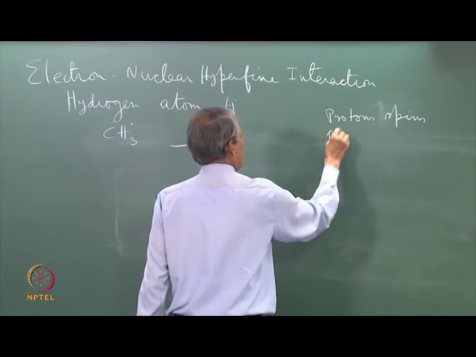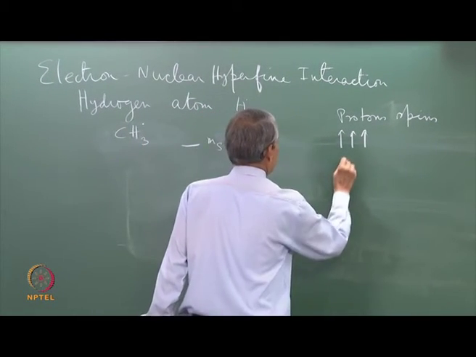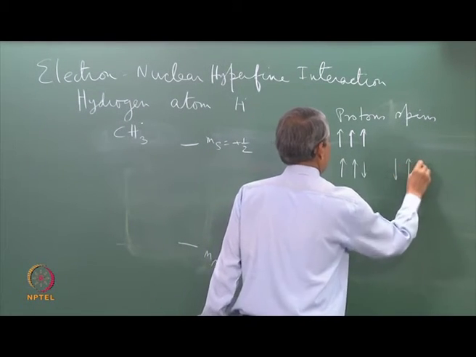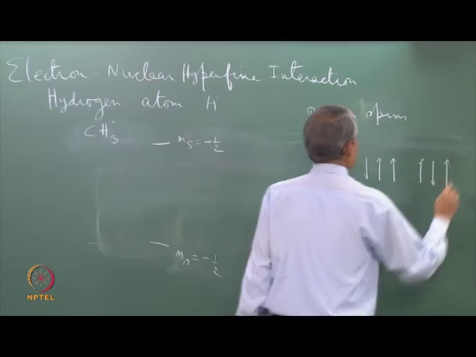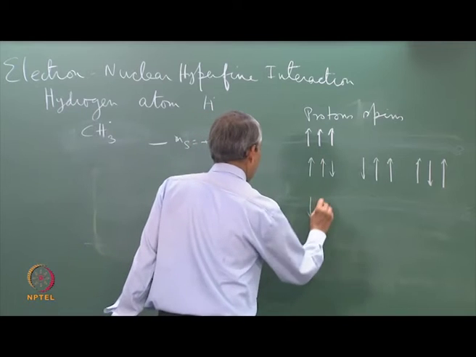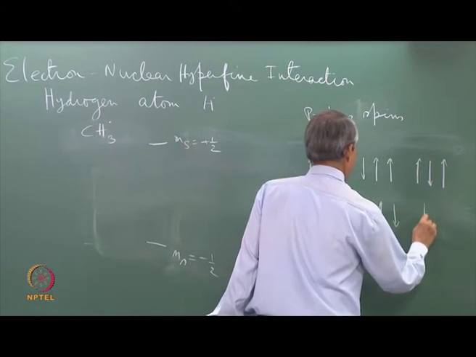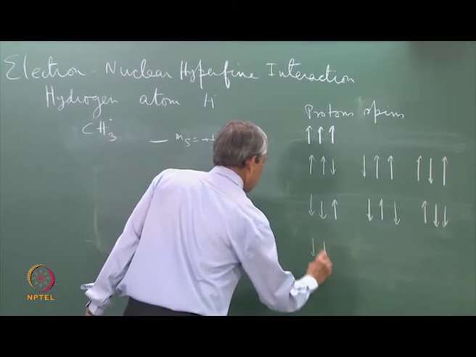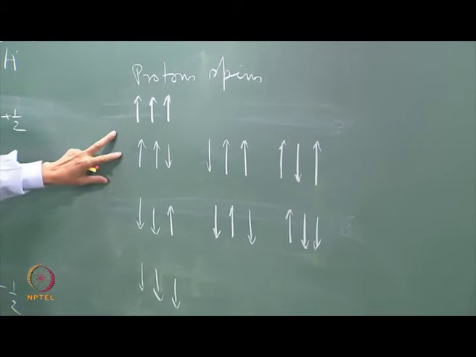It could be up, up, up, all 3 up, one possibility, or up, down, up, only 1 down and 2 ups, or 2 down and 1 up, or all 3 could be down. These are the possible nuclear spin orientations in a magnetic field.